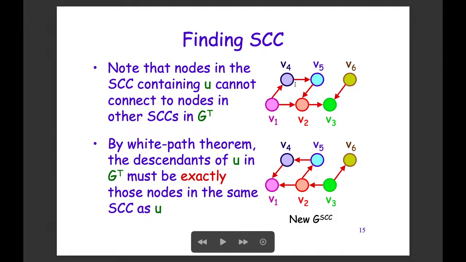But in topological sort, you don't need to care about whether there are some nodes that are strongly connected so that it can confuse you about the relative ordering of the nodes. Here, we need to do a second DFS, and also on the reverse graph, so that we can extract this component one by one.